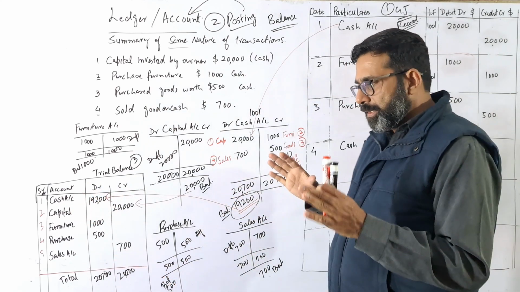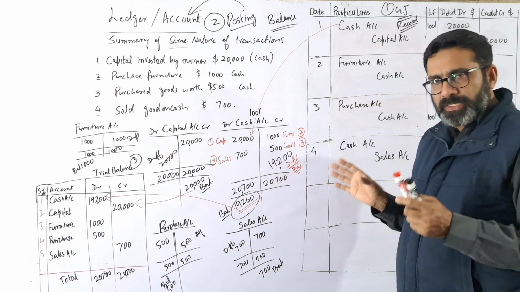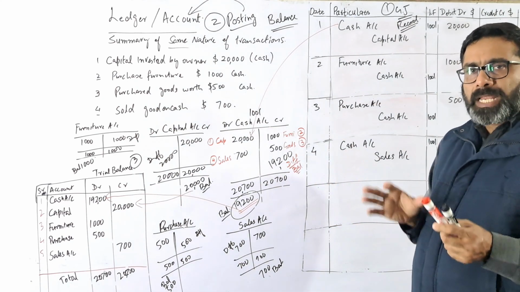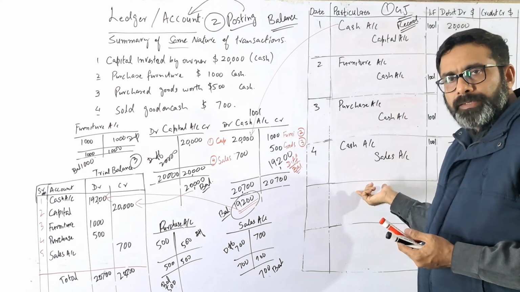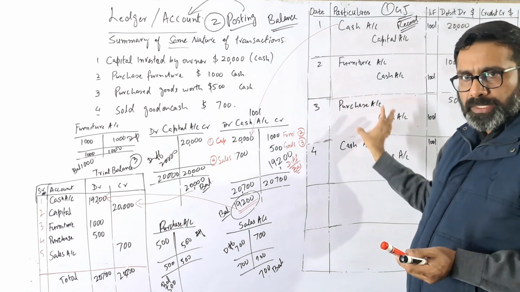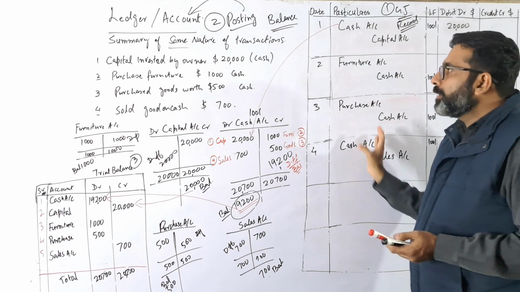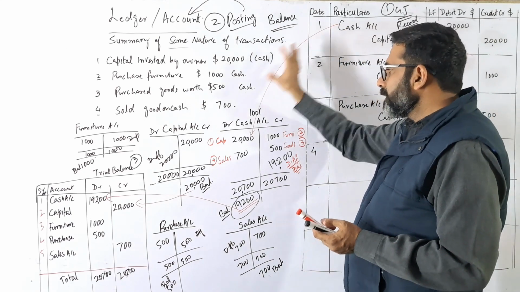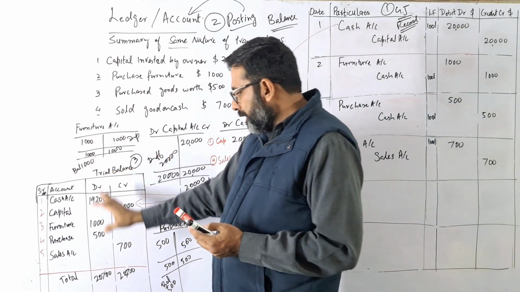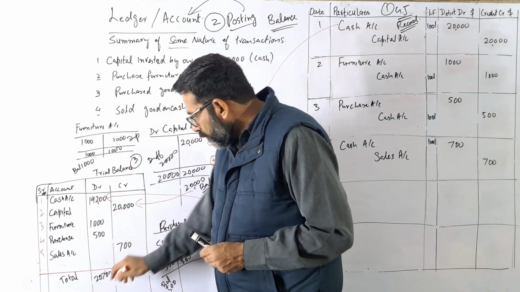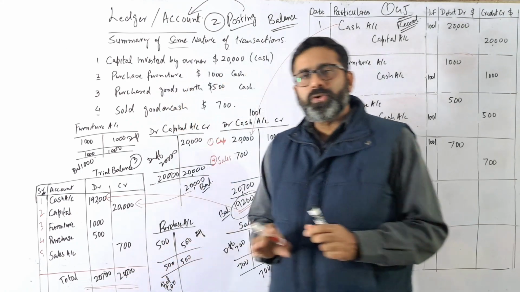So this is the basic concept of how we are recording, these three basic steps in accounting. The first step, recording in the journal, then posting the journal transactions into the ledger, and then from the ledger we are preparing the trial balance and getting the total, and the debit and credit totals should be equal.